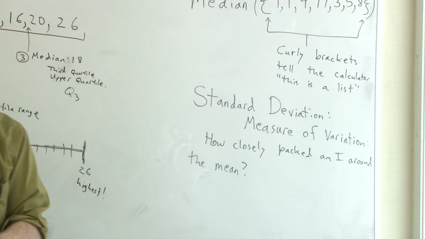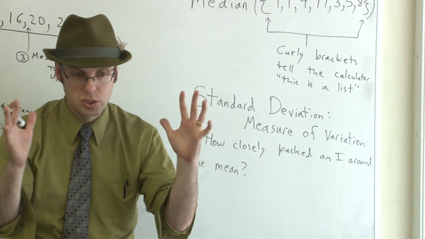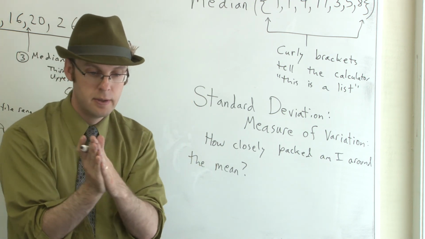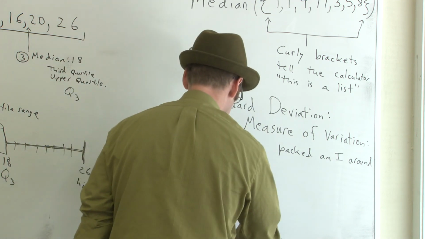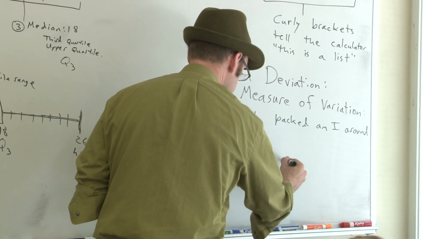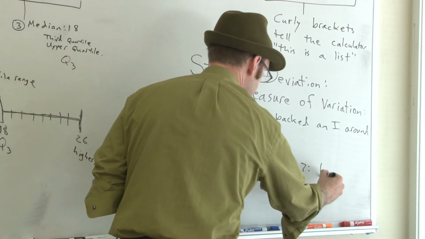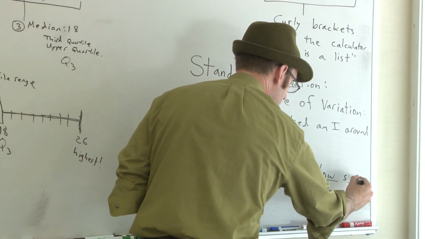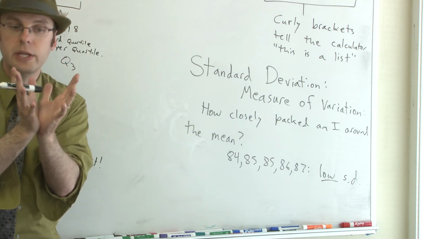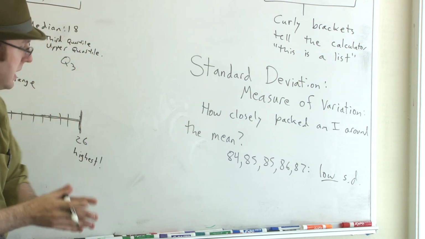The lower the standard deviation, the closer all of my data points are to the actual average. So if I have 84, 85, 85, 86, 87, that's going to have a really low standard deviation because all the points are really close to each other. They're really close to the mean.